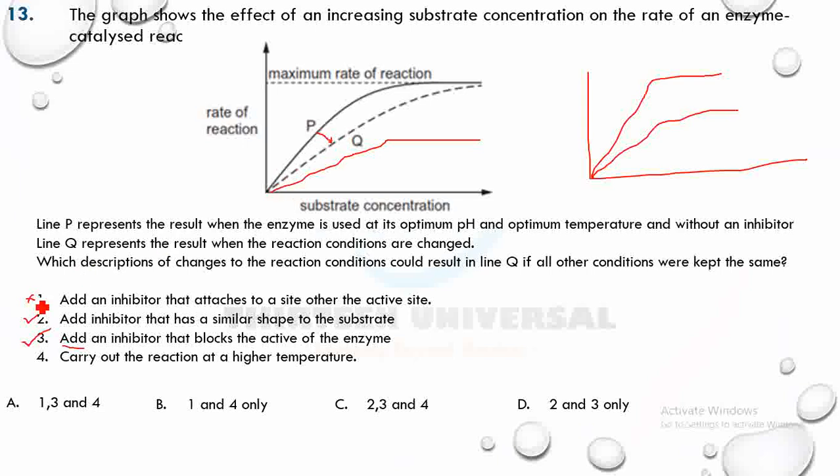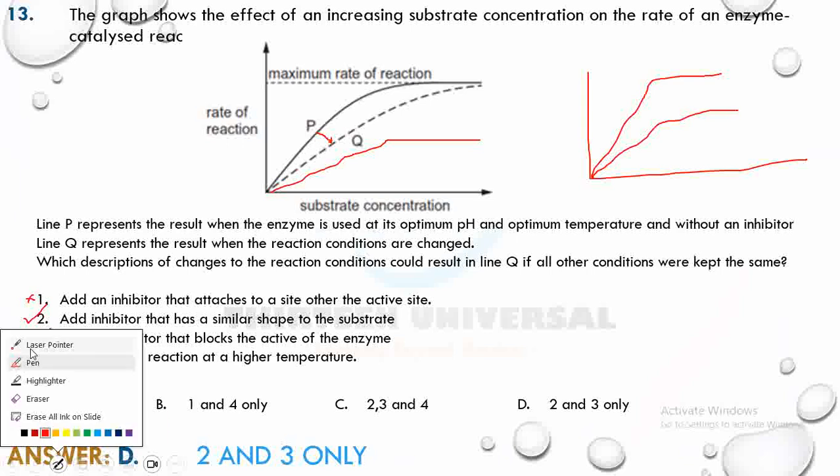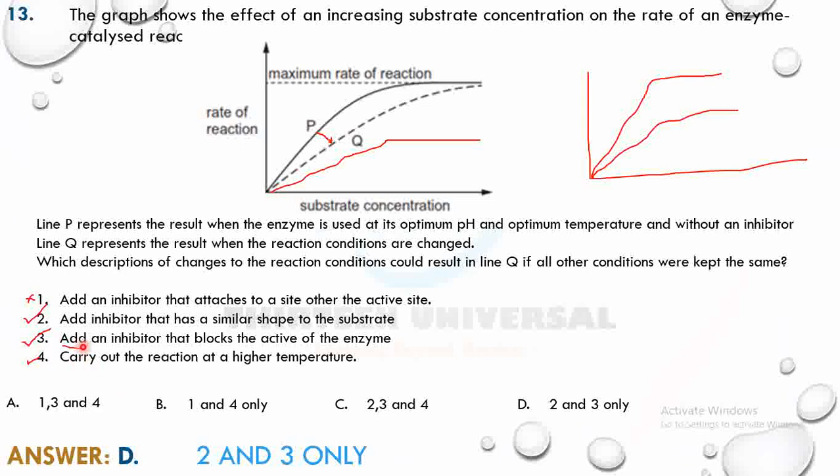So 4 makes sense. So which option sounds correct? We have 2 and 3 only. Why 2 and 3 only? Let's examine it. 2 says inhibitor that has a similar shape to the substrate. Yes, this is correct. Why is 4 wrong?